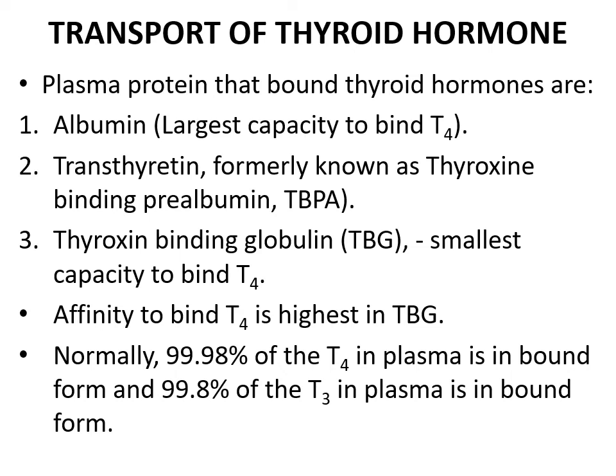But the affinities of the proteins for T4 are such that most of the circulating T4 is bound to thyroxine binding globulin. In other words, the affinity to bind T4 is highest in thyroxine binding globulin.